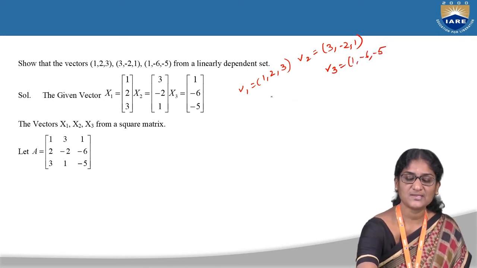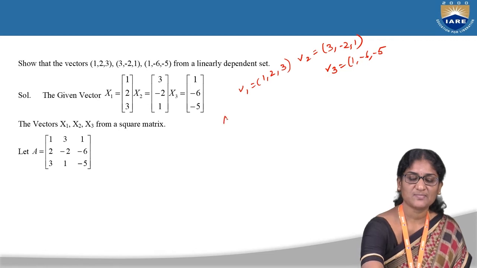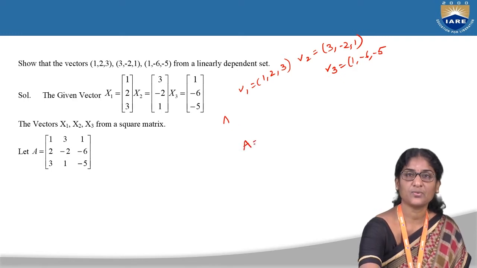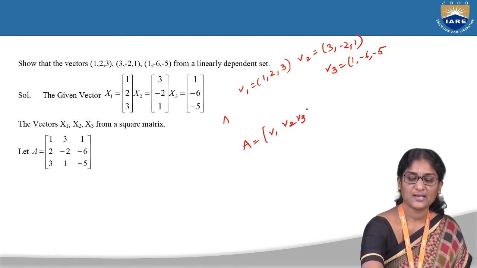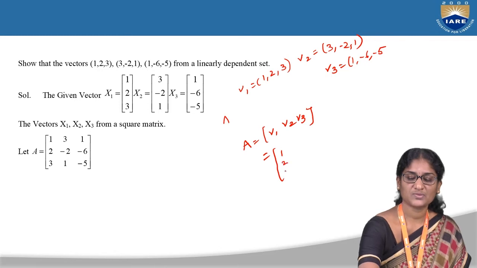I'll write these as the matrix A with columns v1, v2, v3, that is, the matrix with columns (1, 2, 3), (3, minus 2, 1), (1, minus 6, minus 5).